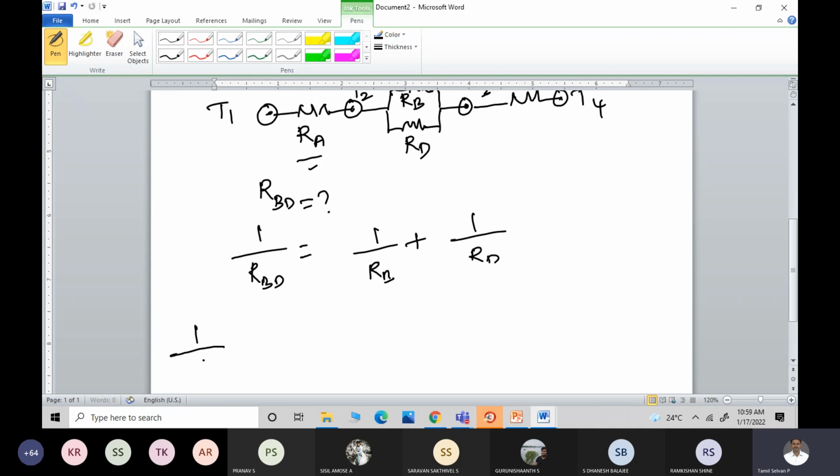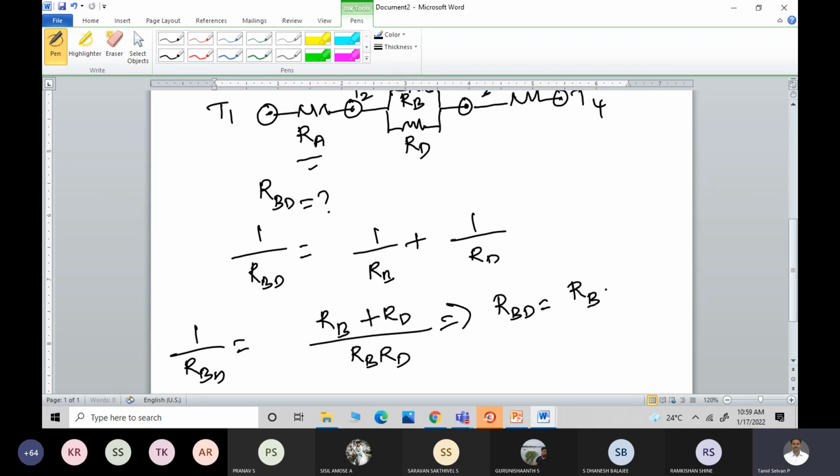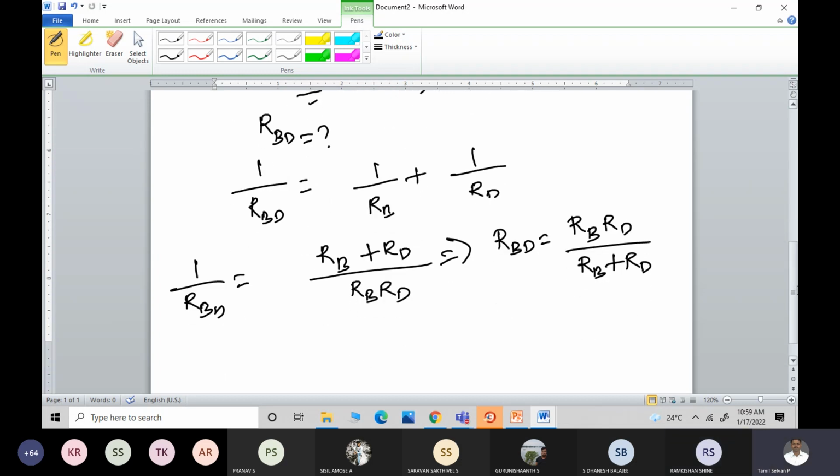So 1 by RBD will be equal to (RB plus RD) divided by RB into RD, which implies RBD will be equal to RB into RD divided by (RB plus RD). Am I correct or not? Correct, sir. Please correct me if I am wrong.